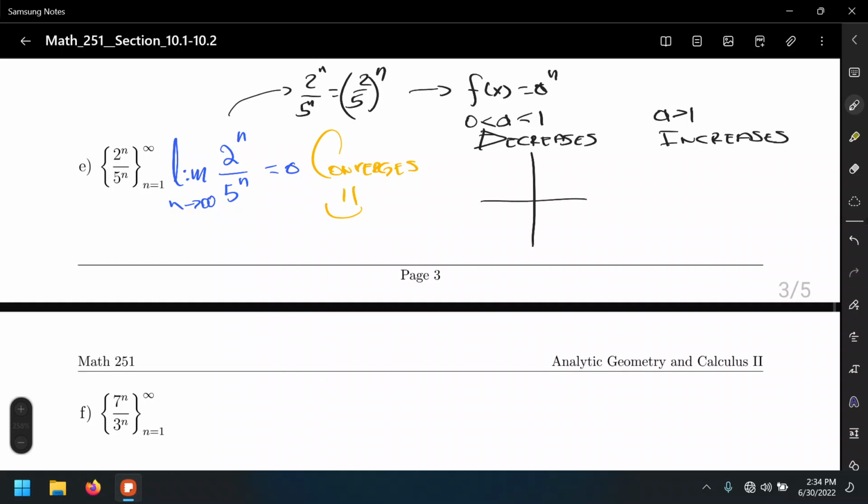The graphs look something like this, and otherwise something like that. And that's from either intermediate algebra or that chapter on logarithmic and exponential functions from pre-calculus or college algebra. So that's pretty much the reason.